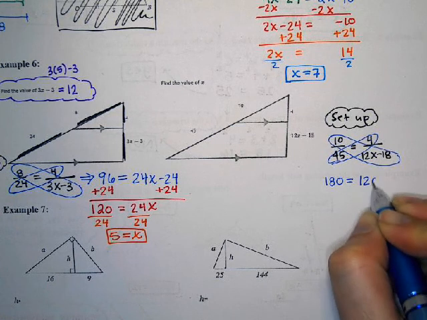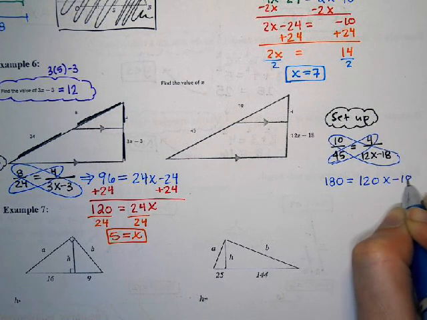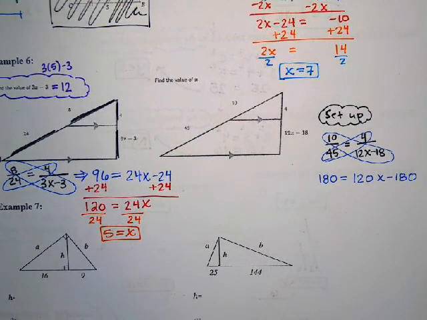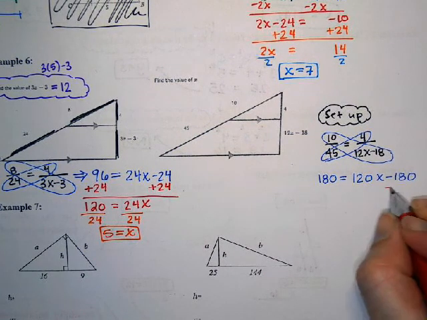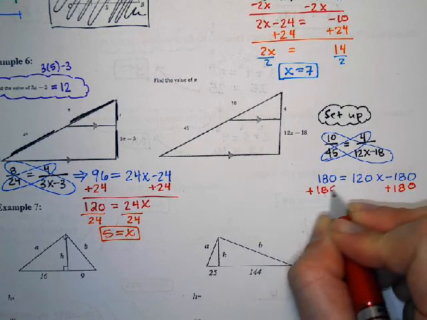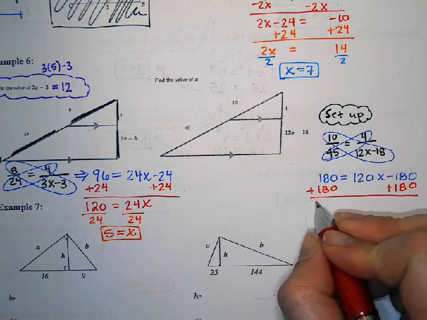What'd you get? 180 equals 120x minus 180. That is correct. What now? Add the 180.